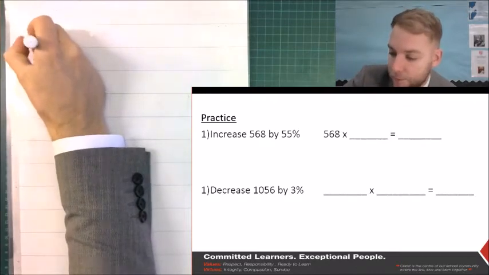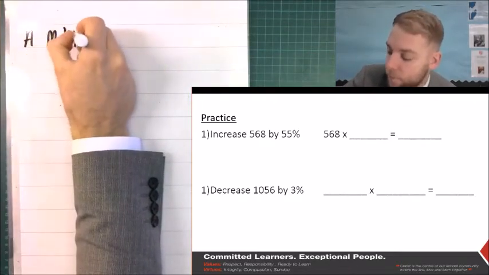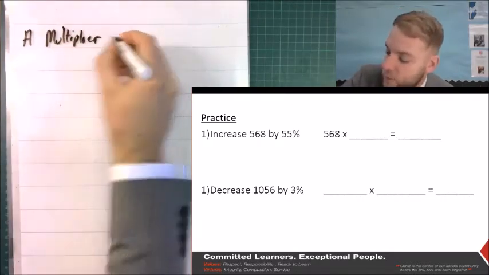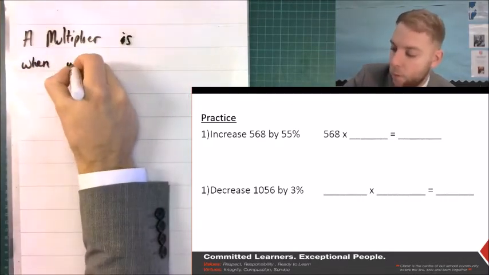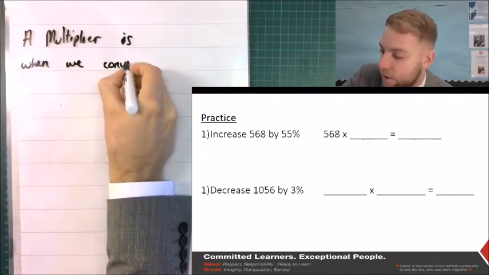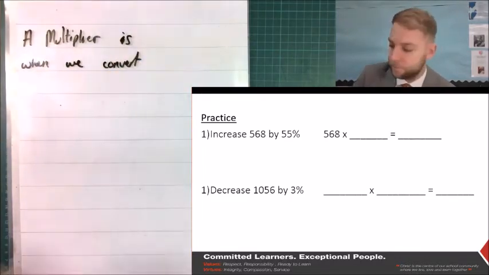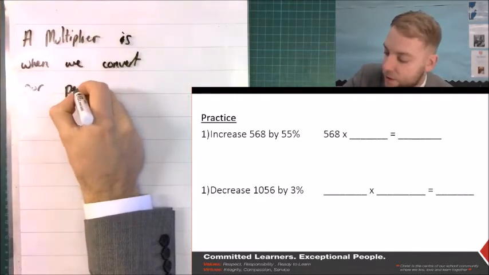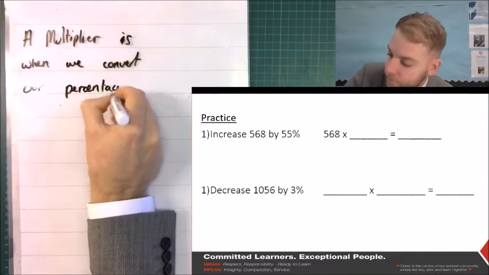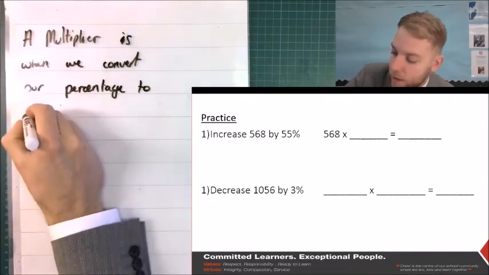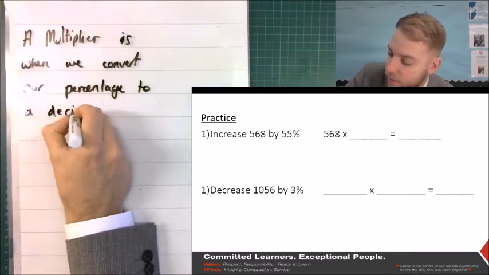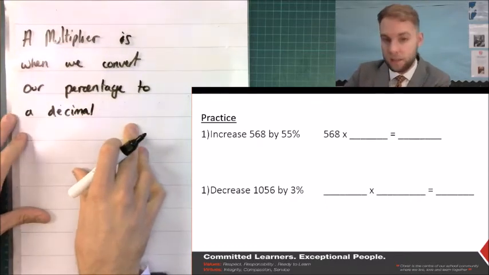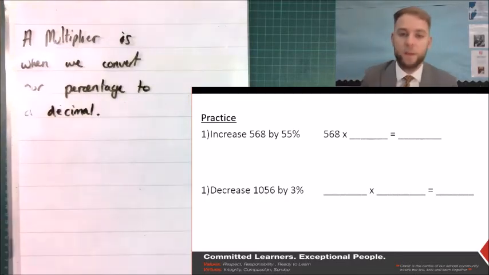A multiplier is when we convert our percentage to a decimal, and usually we multiply, but not all the time, so we'll just leave it as that now.